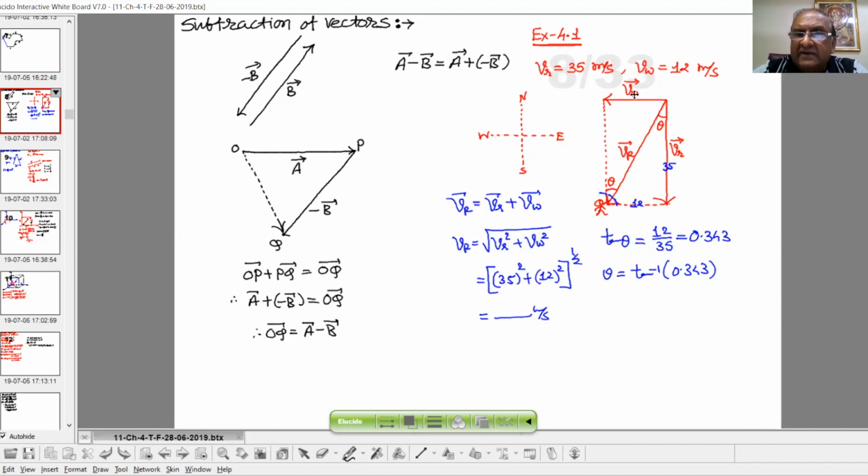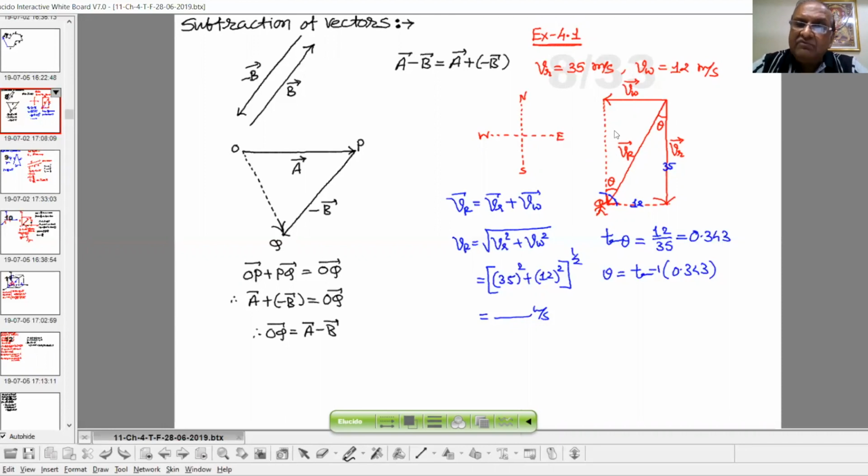Now, by considering vectors VW and VR as two adjacent sides, prepare a parallelogram. So now this particular diagonal from the origin of these two vectors will give you the resultant velocity of rain. Clear? Okay.